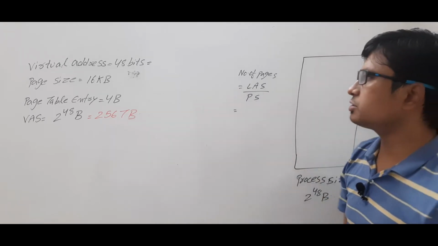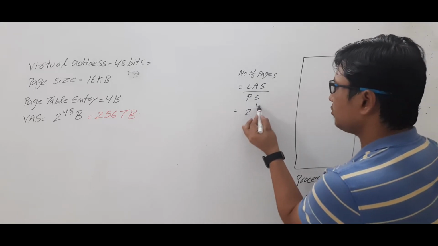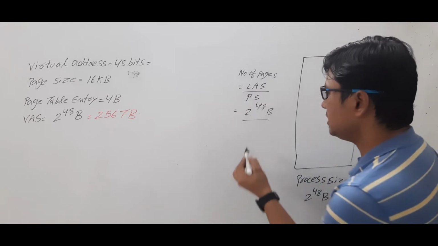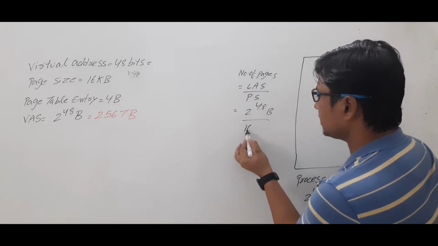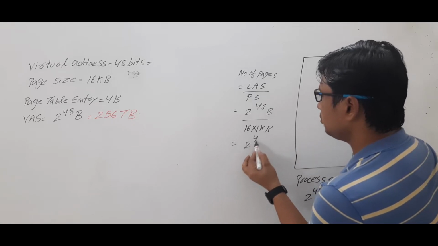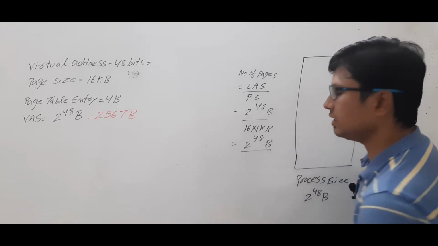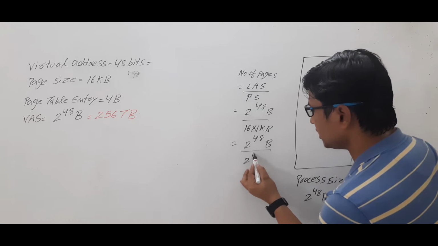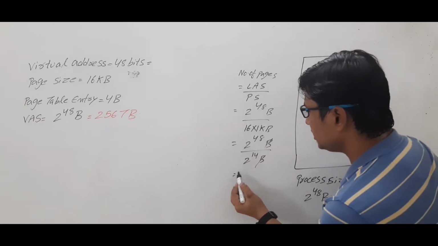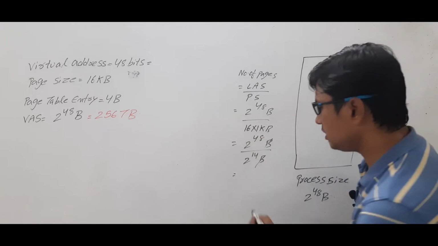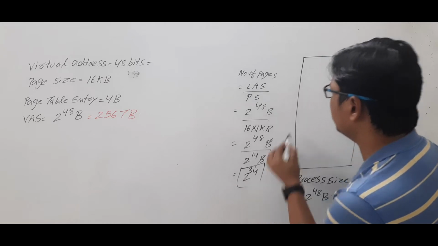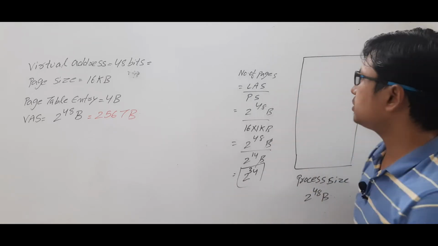The logical address space is 2 power 48 bytes and the page size is 16 KB. 16 KB I can write as 16 into 1 KB, which is 2 power 14 bytes. So 2 power 48 bytes by 2 power 14 bytes; the bytes cancel, and 48 minus 14 is 34. So you have 2 power 34 pages. Are you able to understand?